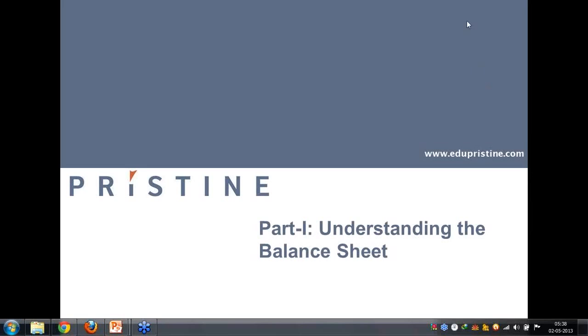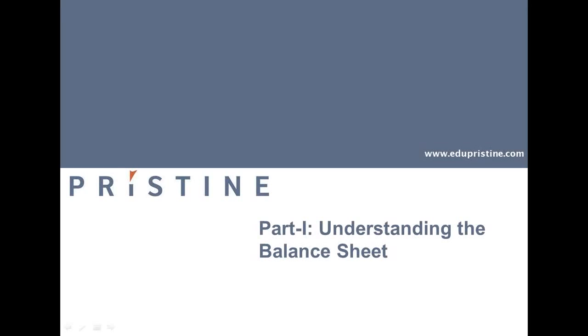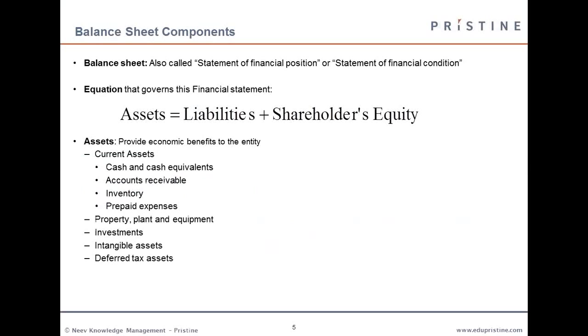So let's proceed forward. In the first part, we'll cover the balance sheet. So let's start. Balance sheet, as we know, is also called the statement of financial position or statement of financial condition, because it gives the information about a company at a given point of time.